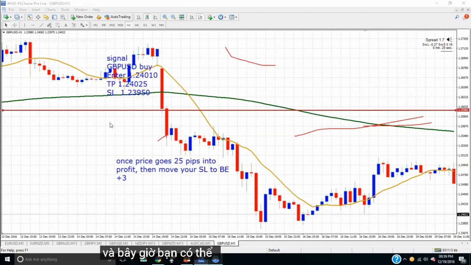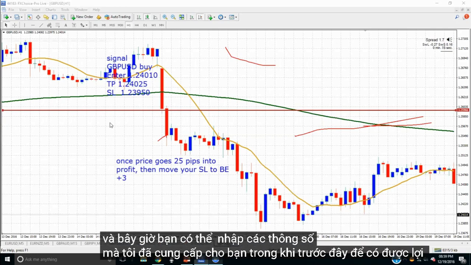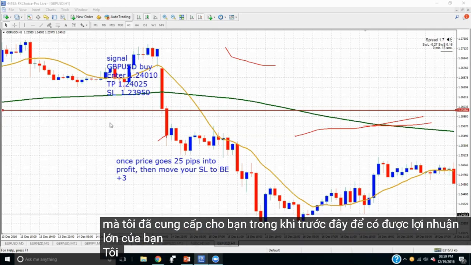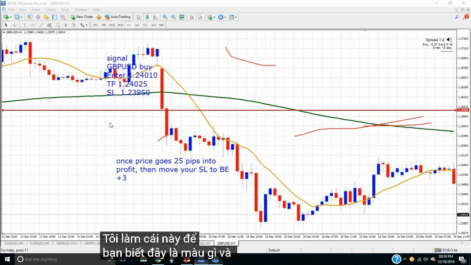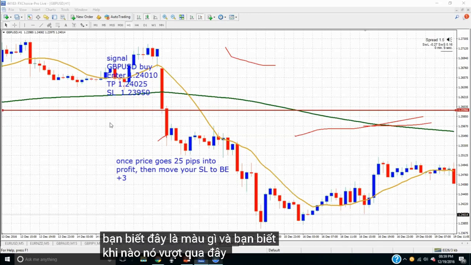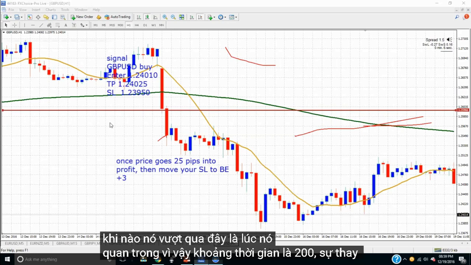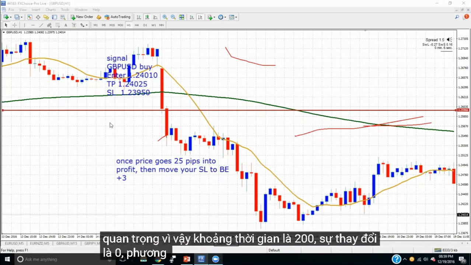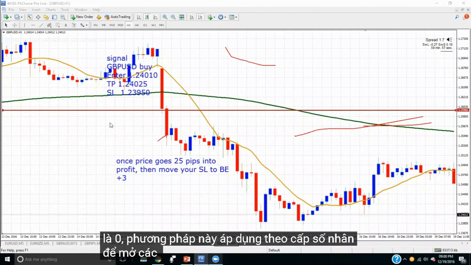And now you can enter those parameters that I gave you a while ago for your major profit cross line. Make this one so that you know what color this is, and you know when it crosses this is when it's important. So the period is 200. The shift is 0. The method is exponential. Apply it to open.